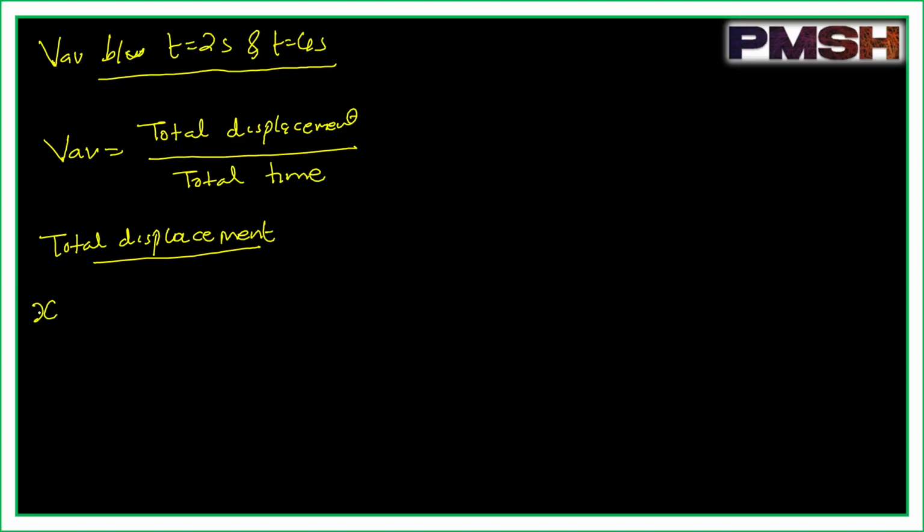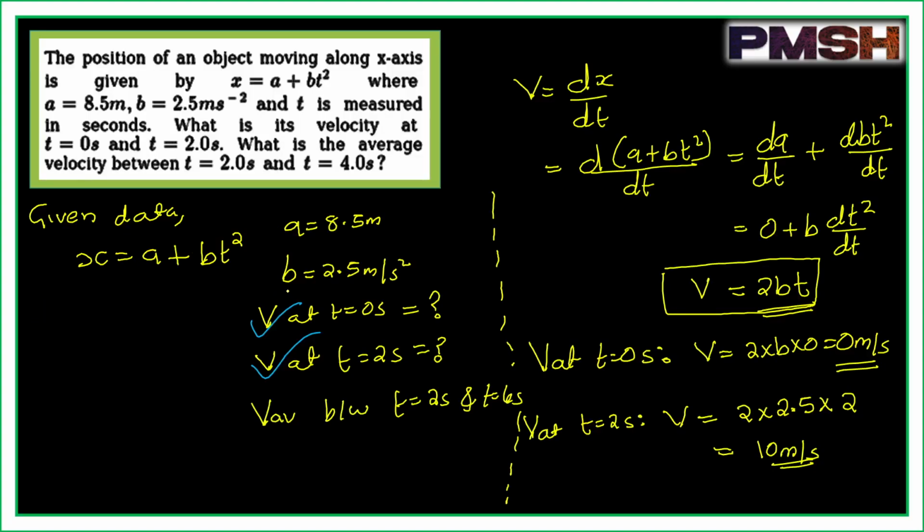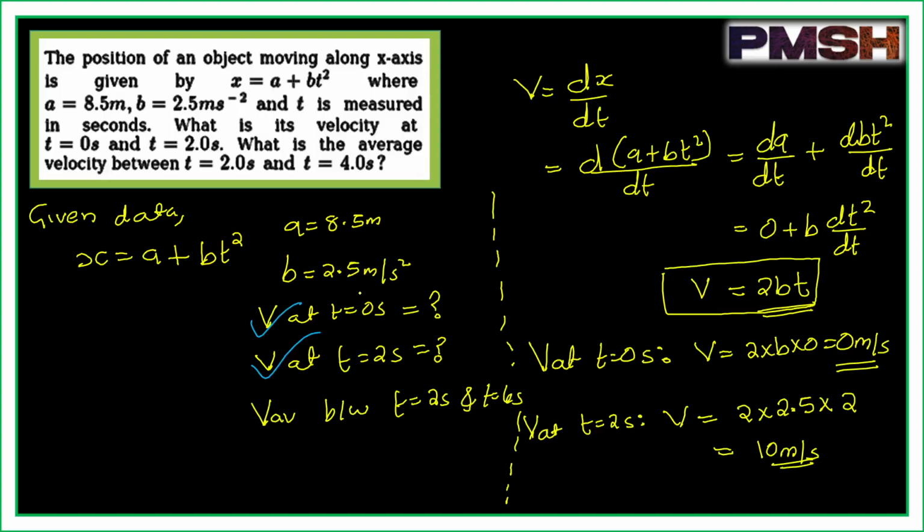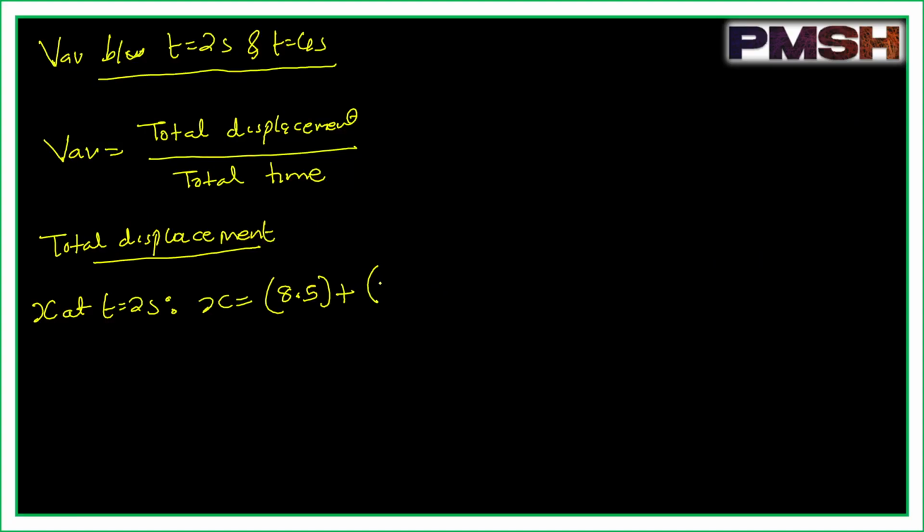So let's find the displacement at t is equal to 2 seconds. So x is equal to a plus bt square. What is the value of a? The a value is 8.5 meter. 8.5 plus bt square. What is the b value? The b value is 2.5. 2.5 multiplied by t square. What is our time? The time is 2 seconds, right?